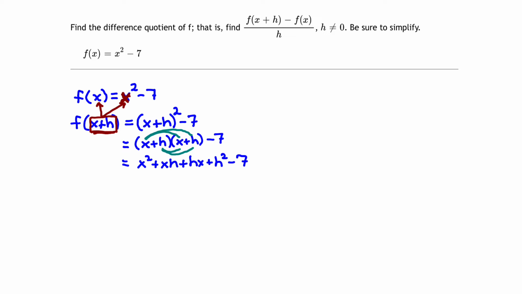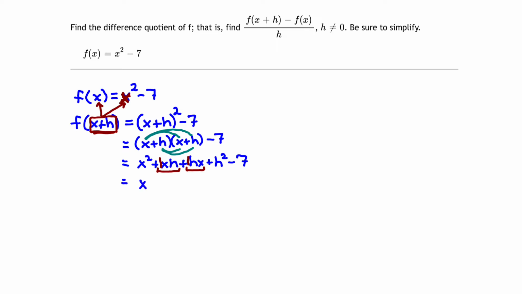Now, one more step in this simplification process, namely combining like terms. We know that xh and hx are the same variables. In fact, xh and hx mean the same thing. We're adding two of them, and how do I know? Because there's an imaginary 1 in front of both of those quantities, and when I add and combine those like terms, I combine the coefficients.